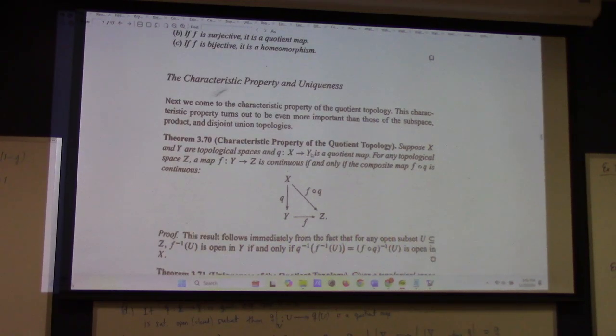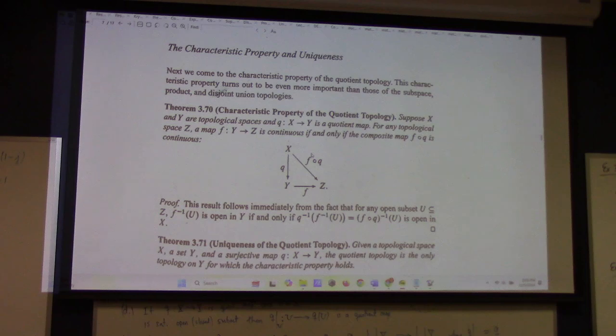Now this right here is an example of, I would say, category theoretic type thinking. I mean, this is the next level of mathematics. It's the use of what's called the universal property. Well, characteristic property here, but if you have X and Y topological spaces and Q is a quotient map, then for any topological space Z, this mapping F is continuous if and only if the composite map F composed with Q is continuous.